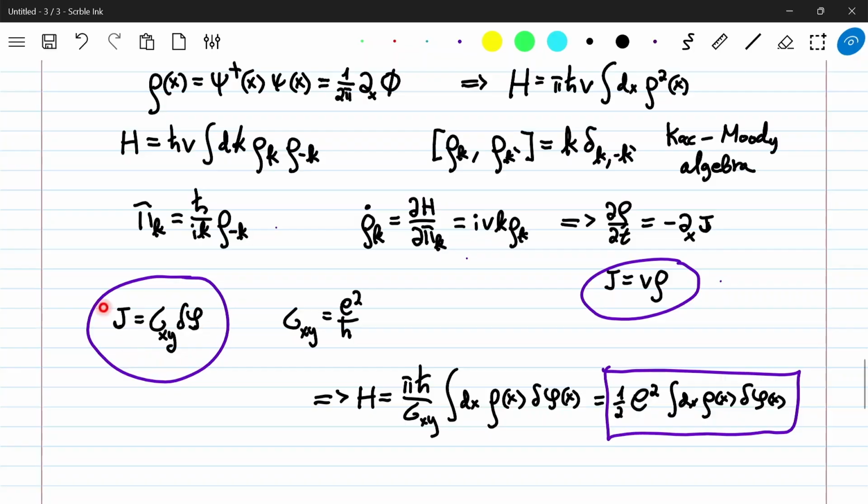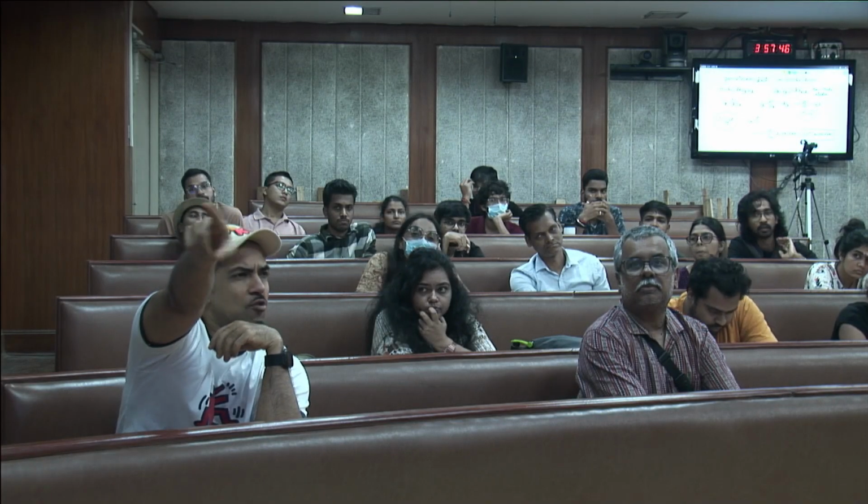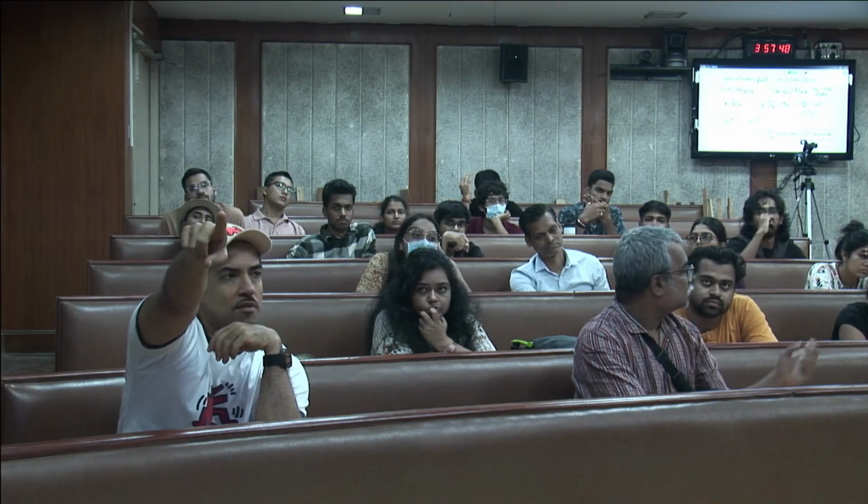Right. To get this, I basically used this, and I also used this relation between current and density. The velocity is the same drift velocity that is also related to the magnetic field in some way. So that's where it's hidden. Where? The Hamiltonian on the left?